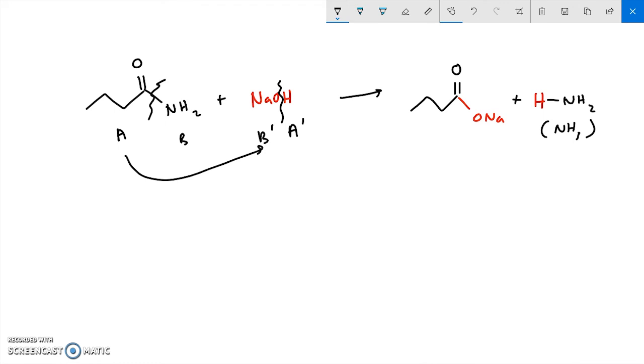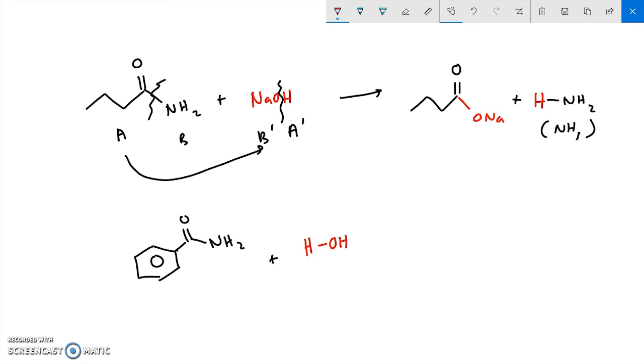The final example, let's say we have a benzamide, which is benzene attached to the C double bond O attached to NH2, plus water.